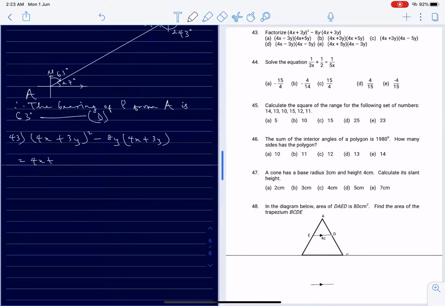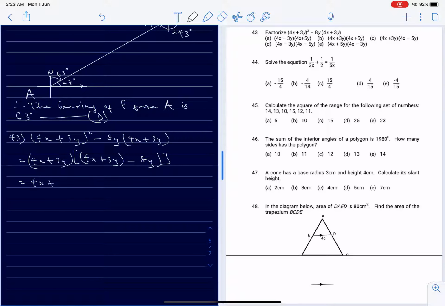So I will write 4x plus 3y, and then in the brackets I'll be left with 4x plus 3y minus 8y.